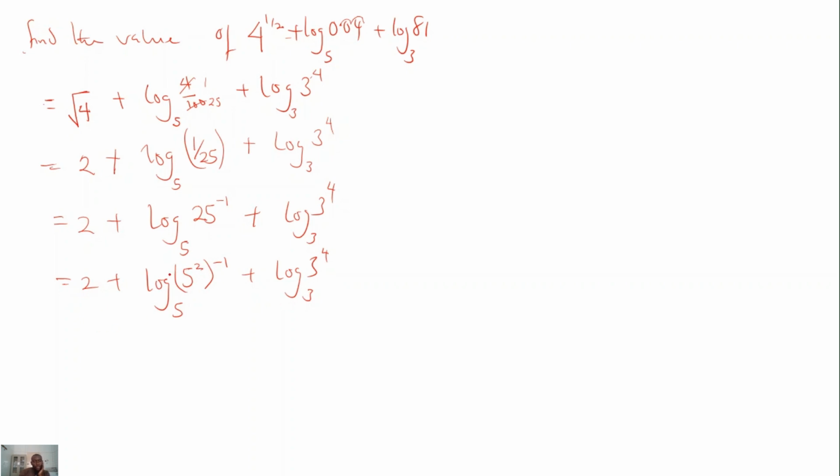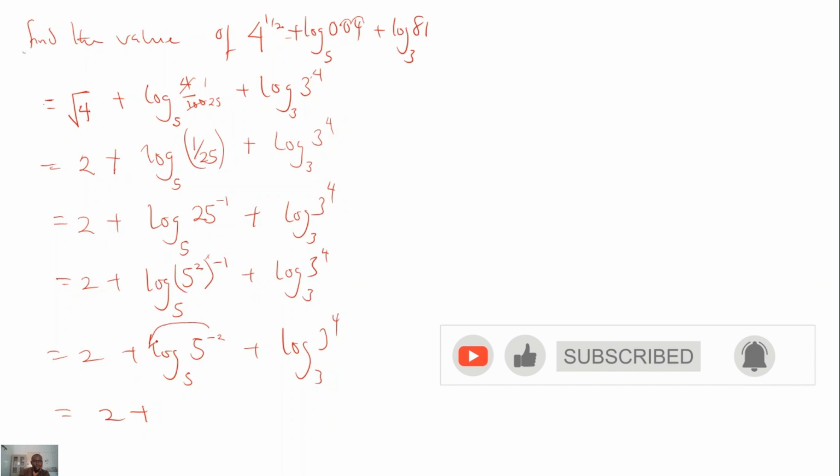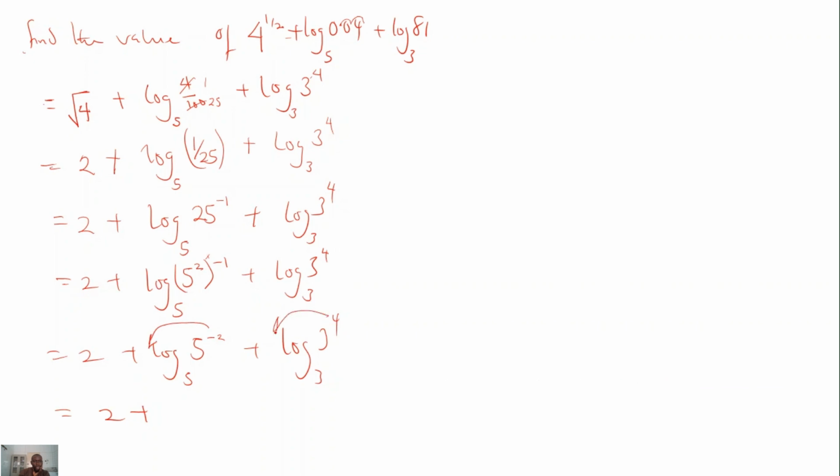Now, from the rules of indices, this will be equal to 2 plus log 5 raised to power 2 times minus 1. That will be minus 2 base 5 plus log 3 raised to power 4 base 3. And this will be equal to 2 plus, from the rule of logarithm that we talked about earlier, this can come here and this can come here. And log 5 base 5 will be equal to 1.